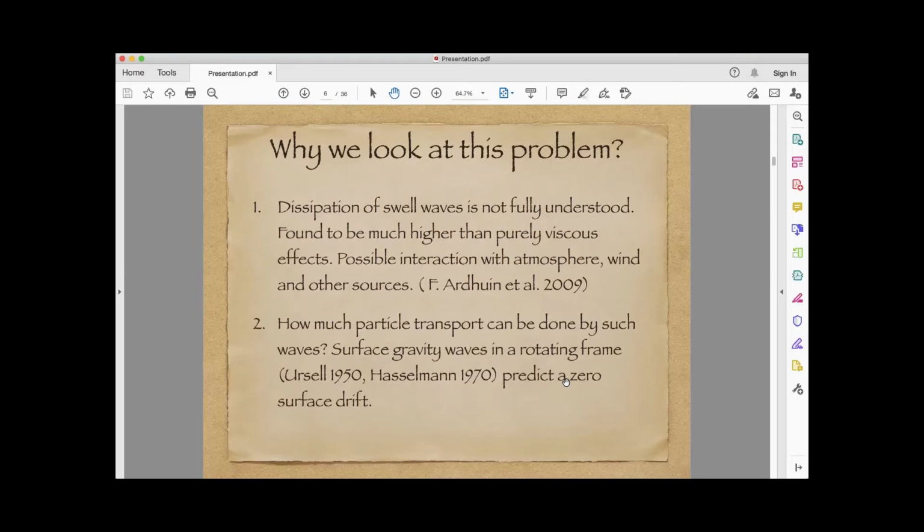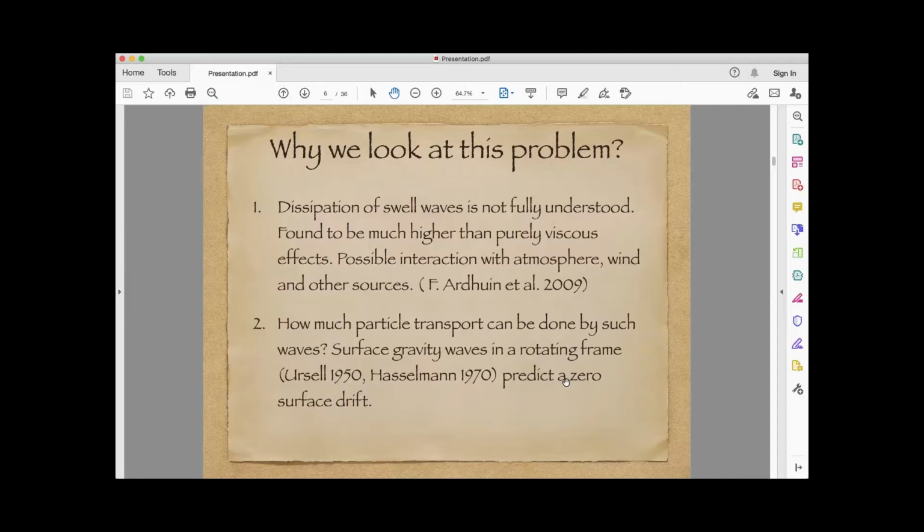For example, Fabrice Ardhuin says that there are possible interactions with atmosphere, wind, and other sources that might explain the dissipation of swell waves. When you take satellite data of swell waves propagating on the ocean and track the height of the wave as a function of distance, you put a simple fit with viscosity and say this should be the dissipation rate. But what people found was that it's much higher, and the question is how are the waves getting dissipated?